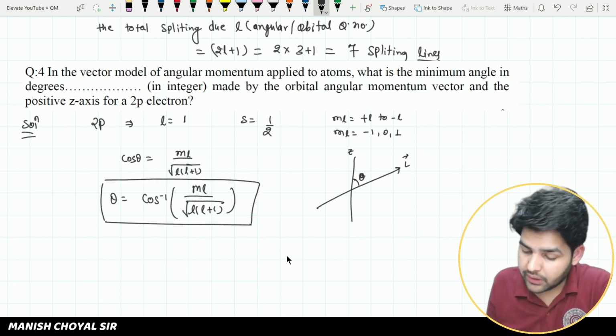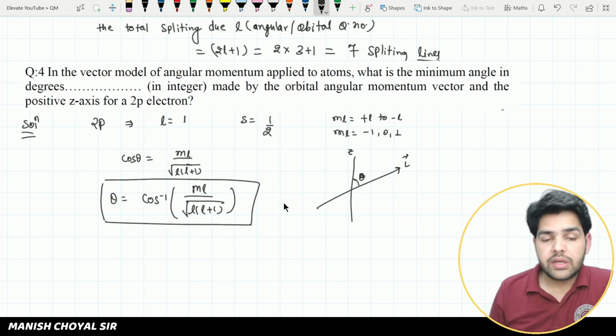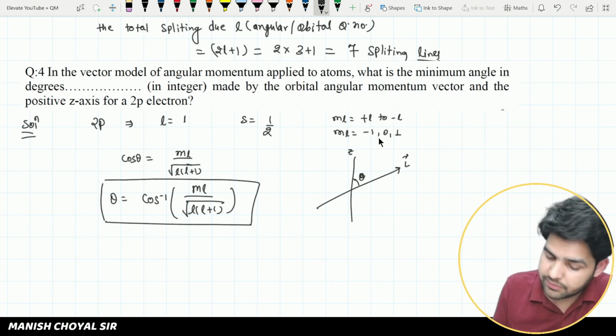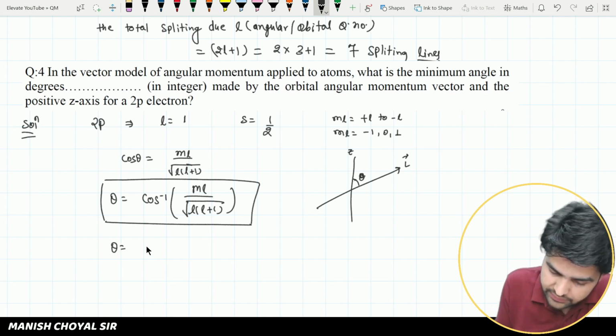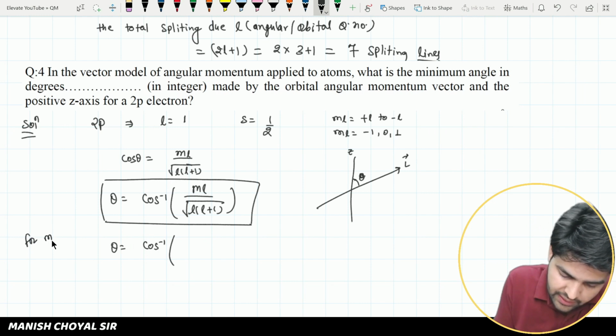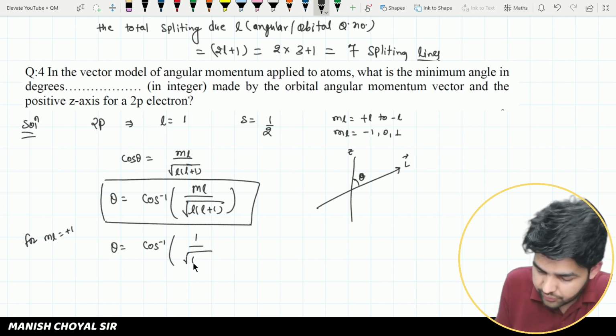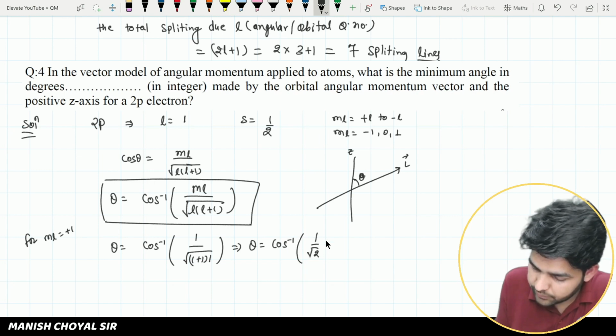So now this is similar to the space quantization of L. So we have 3 possible values. For ML equals plus 1, theta will be cos inverse of 1 upon √(1 into 1 plus 1), so cos inverse 1 upon √2. Then theta is 45 degrees.